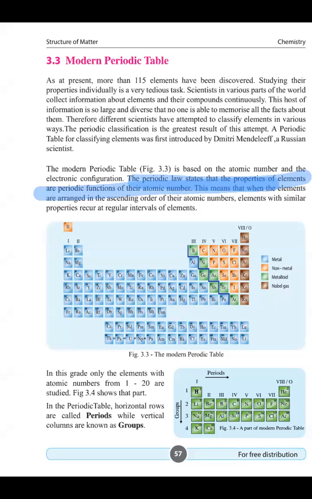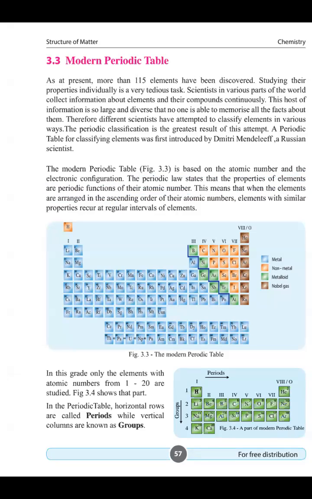That means based on the atomic number, these atoms are positioned in the periodic table, because they have the same properties based on the variation of the atomic number. Elements are arranged in the ascending order of the atomic number. You know the ascending order. The atomic number is arranged in the ascending order in the periodic table.